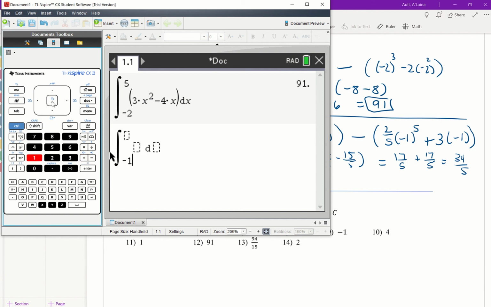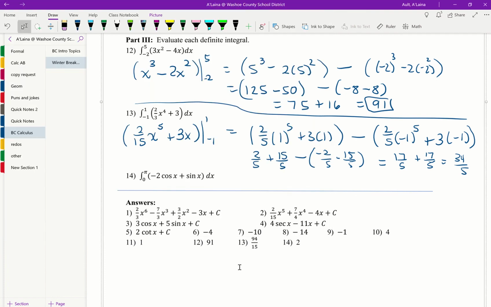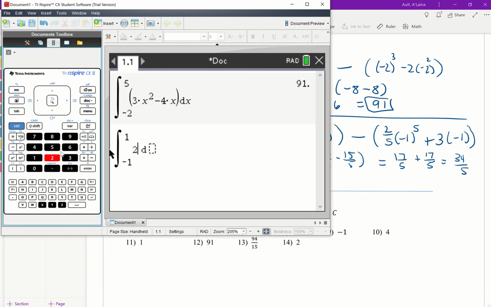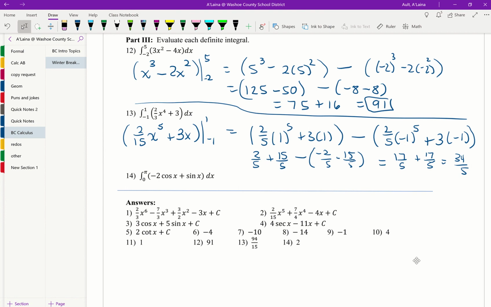All right, from -1 to 1 of 2/3 x to the 4th plus 3. Maybe I did it wrong earlier. And then don't forget the dx. So that is not the answer. What did I do wrong? Oh, I wrote it wrong. These are 15s.